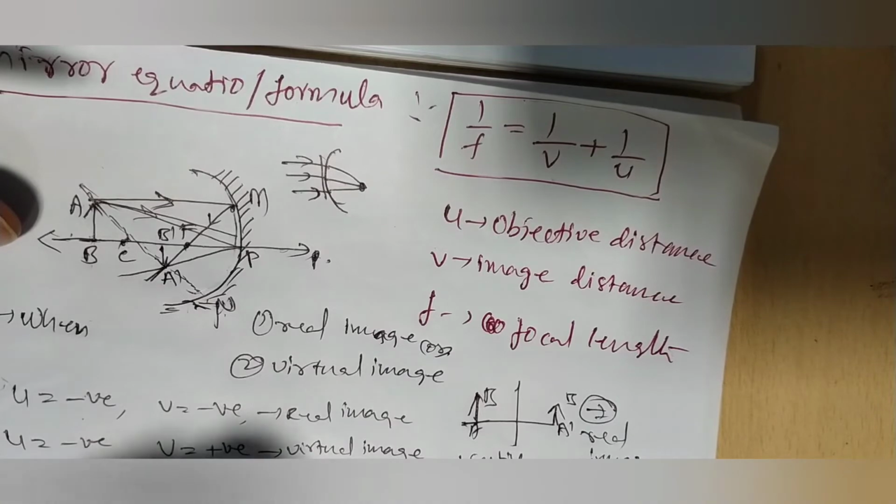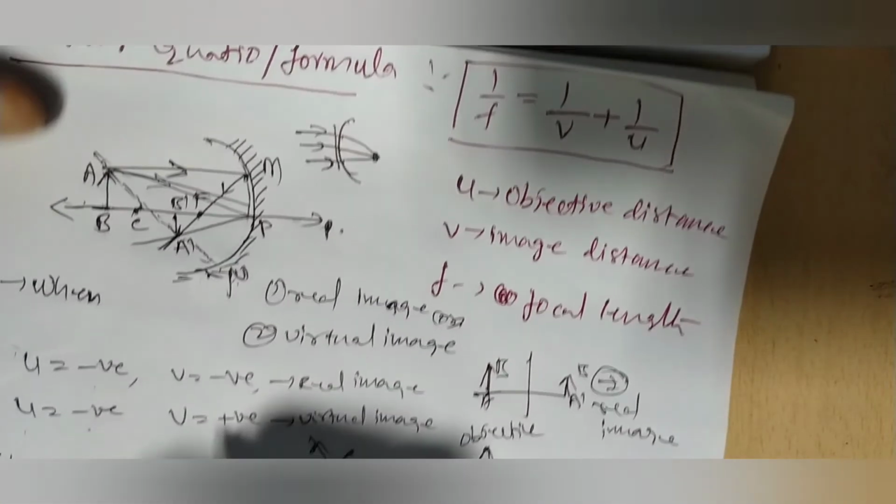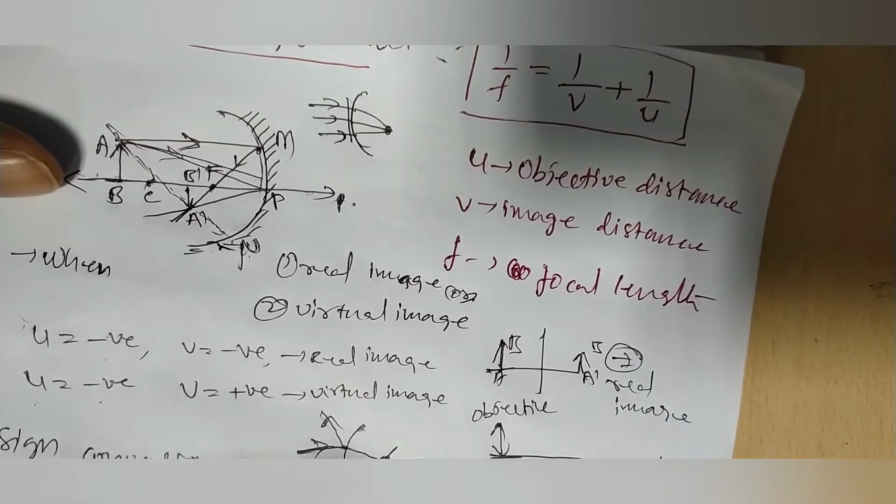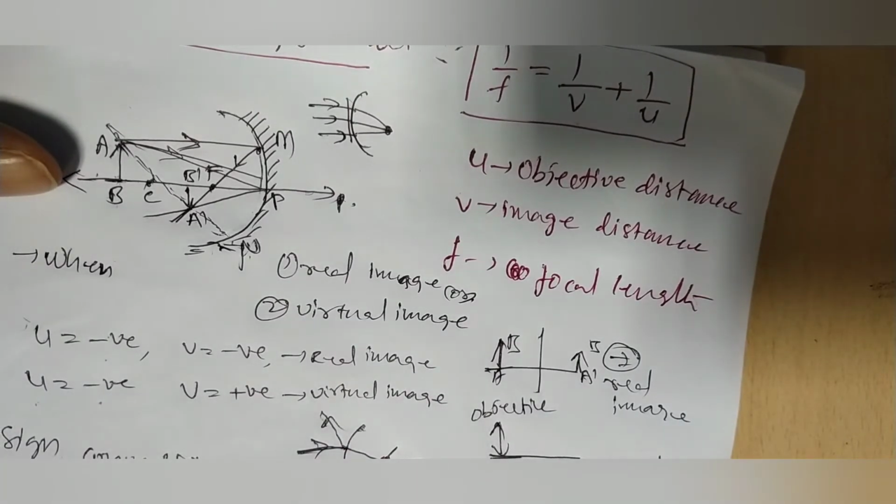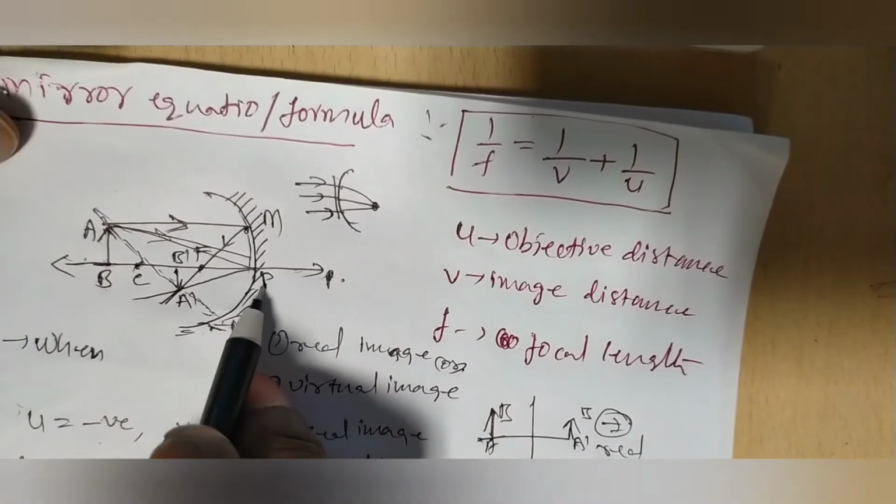Okay, here we can draw the sign convention. Sign convention means you measure all distances from the pole of the spherical mirror. P is the pole of the spherical mirror.